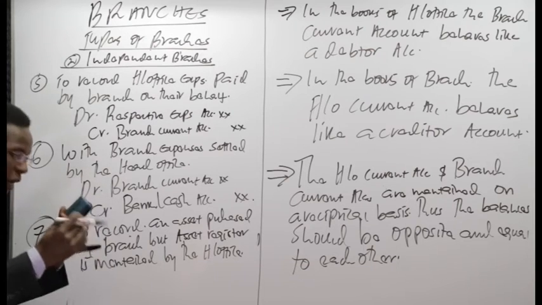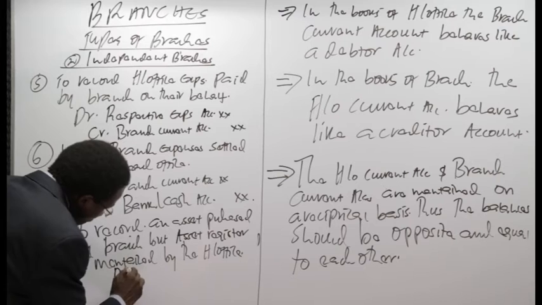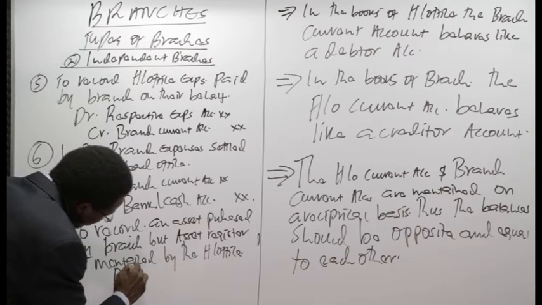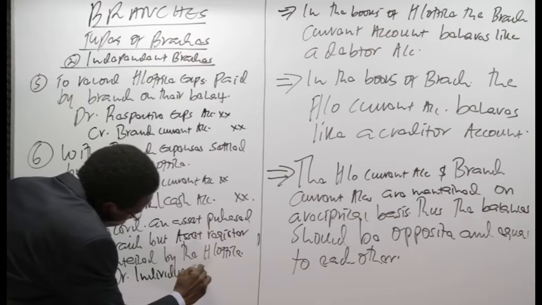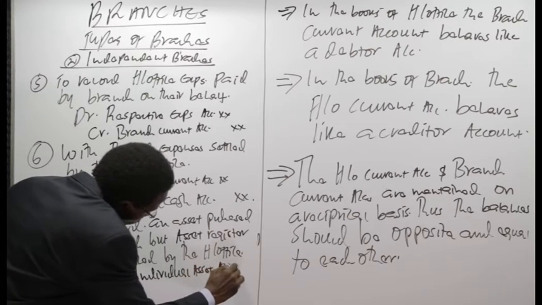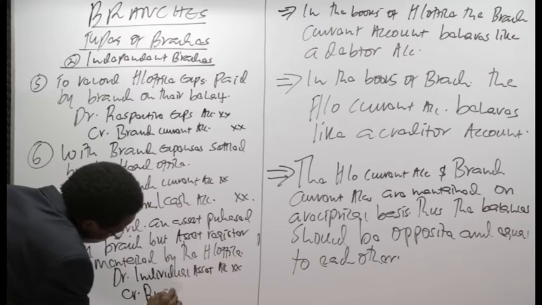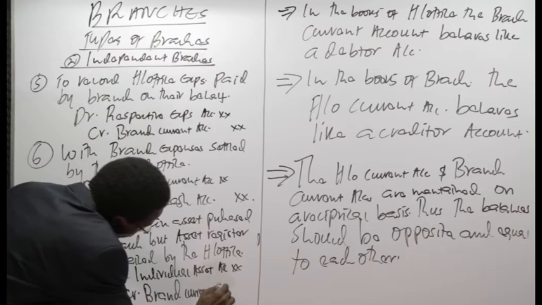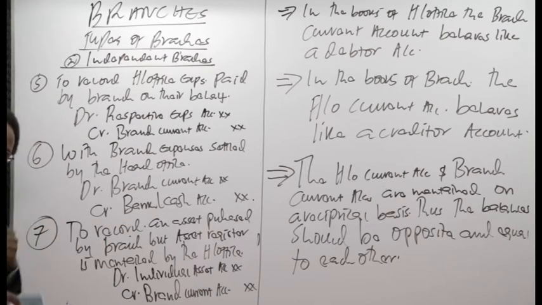With the purchase price, we are going to debit our assets account. Let me say the individual asset. Then we credit the branch. So that's exactly what you need to remember.